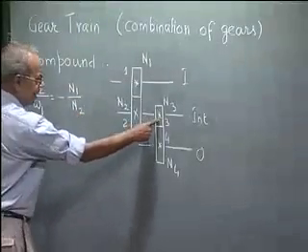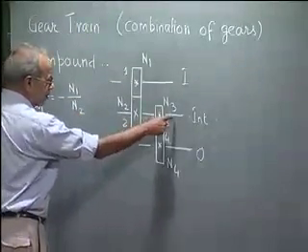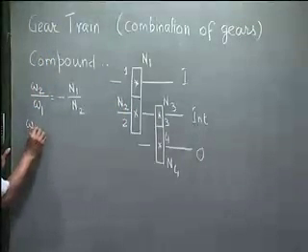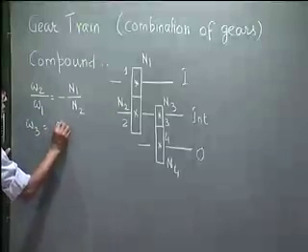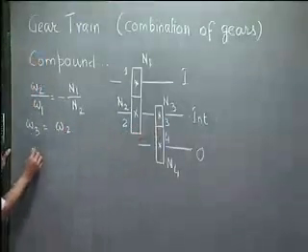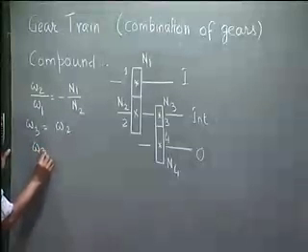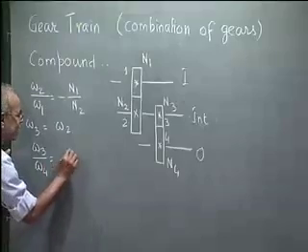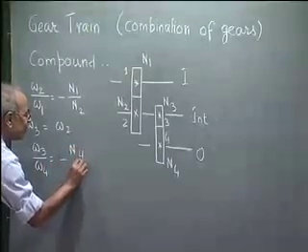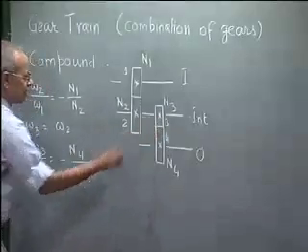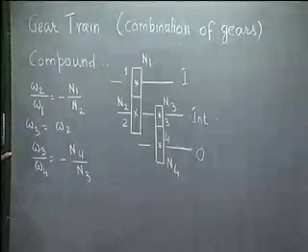And omega 3 is same as omega 2 because they are mounted on the same shaft. So omega 3 is omega 2. And again, omega 3 by omega 4 will be minus N4 by N3, because this is again a pair of external gearing.